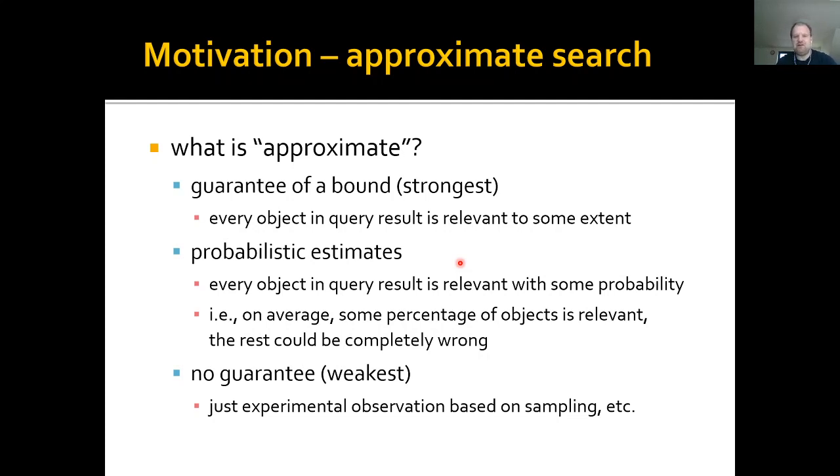So even though we have probabilistic estimates, they are mostly not matching the actual distributions of data, so we must take them with reserve. So what we mostly use is this no guarantee, just empirical techniques.